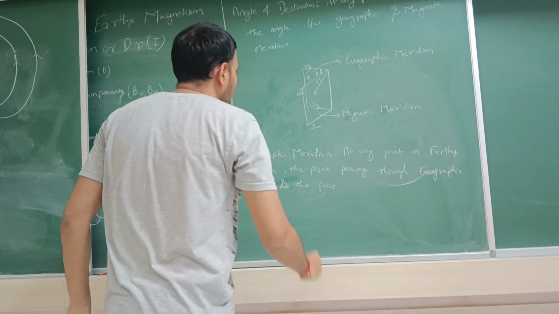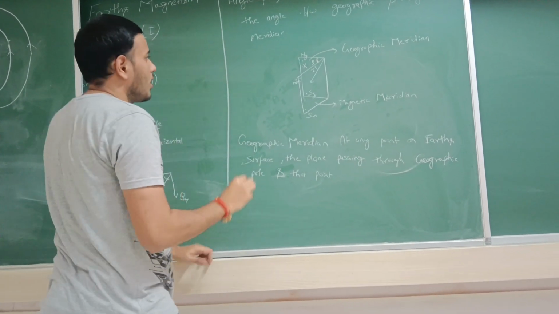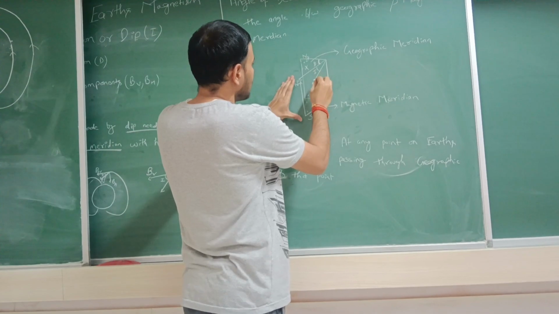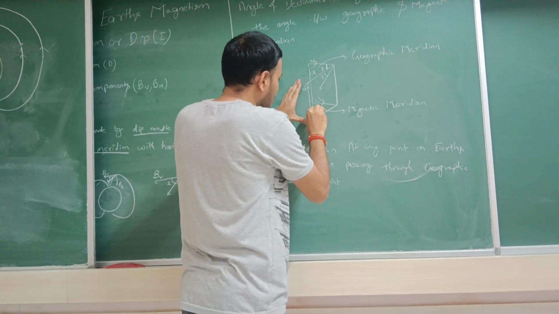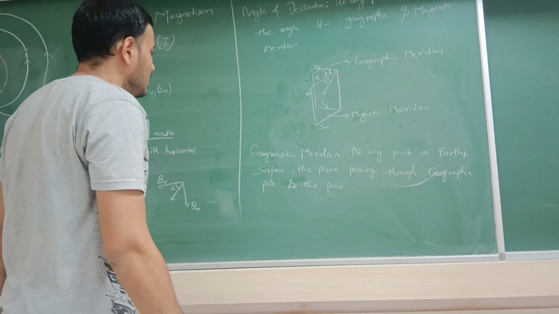And similarly for magnetic meridian, the plane that is passing through the magnetic pole and the point of observation is called the magnetic meridian.